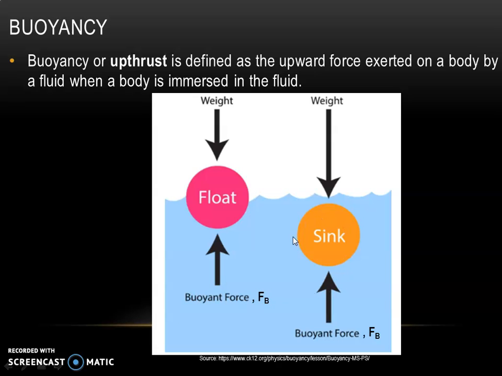And also when the object sinks, there will be two forces acting on it. One is weight and the second one is buoyant force Fb. This buoyant force is also referred to as upthrust, and it is defined as the upward force which is exerted on an object which is immersed in a liquid.